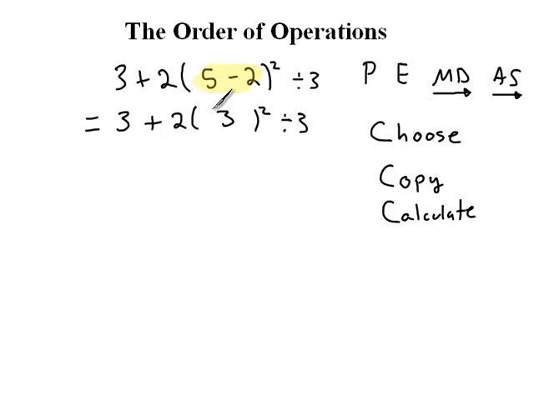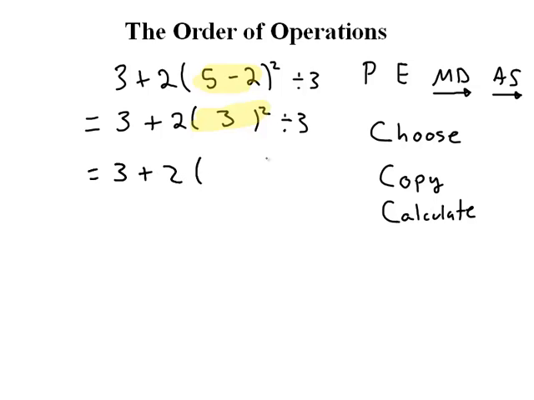There is a parentheses left here, but if you look at this, there's nothing I can do with 3, so I can move on to my E or my exponents, and I do see an exponent in the expression. That's this guy right here, and then I have to copy all of the other material, all of the other symbols.